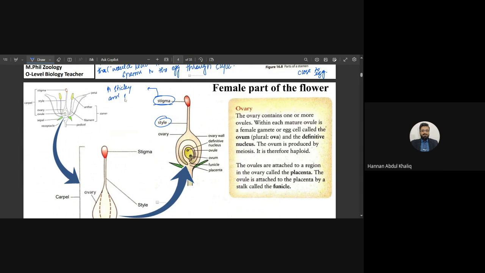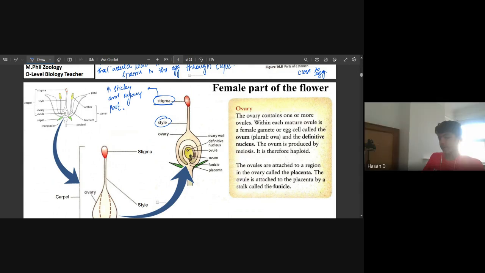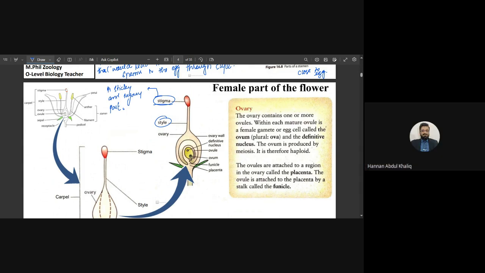Okay, what would be the purpose of stickiness of the stigma? So that it can stick with the male part of the flower. Actually, let's make it simpler.